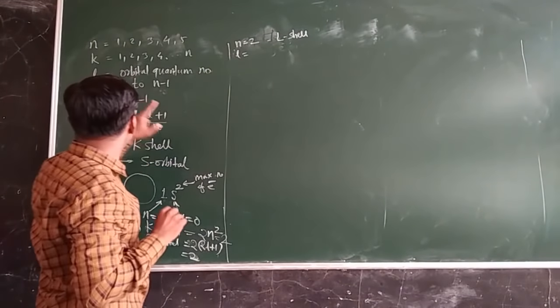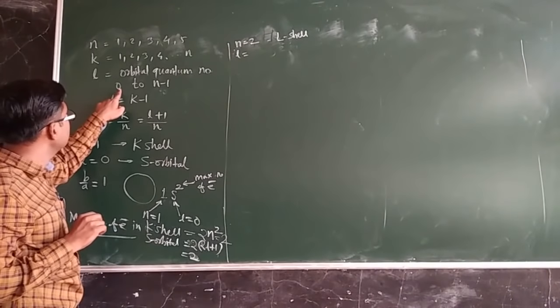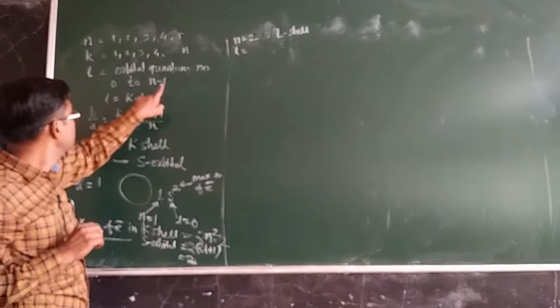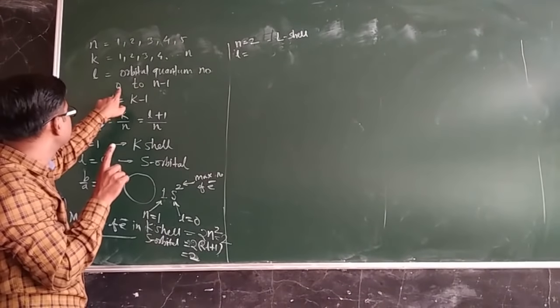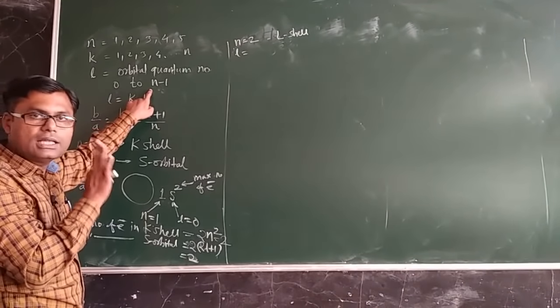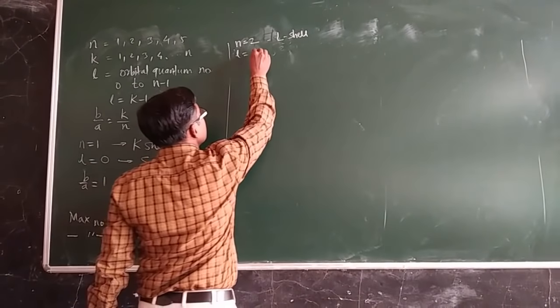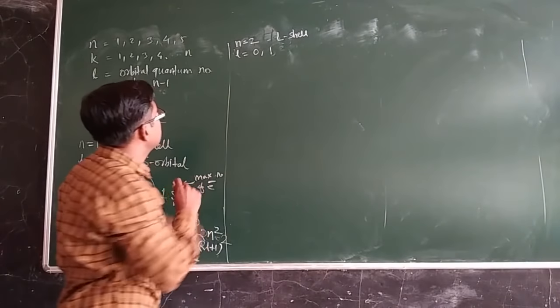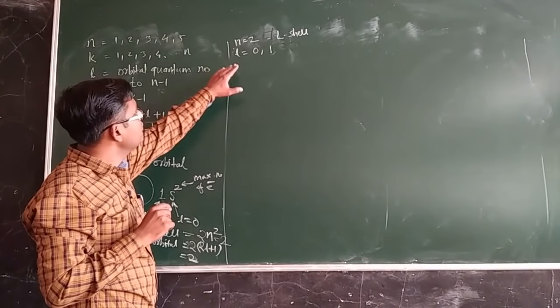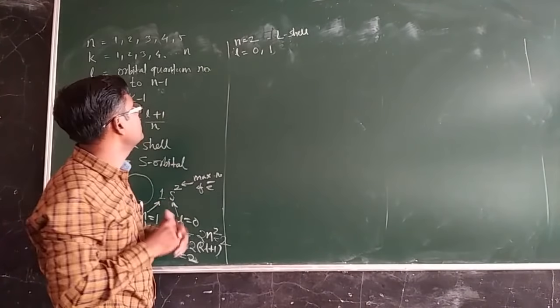The allowed values for L are 0 to n minus 1. So n is equal to 2, 2 minus 1 is 1. So 0 to 1, these will be the allowed values. If n is equal to 2, L will be equal to 0, 1.